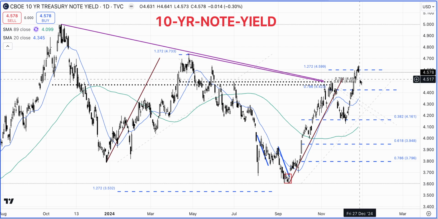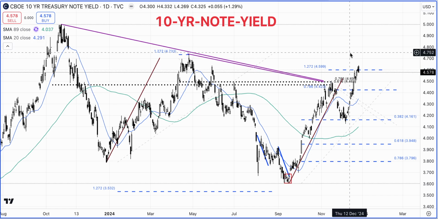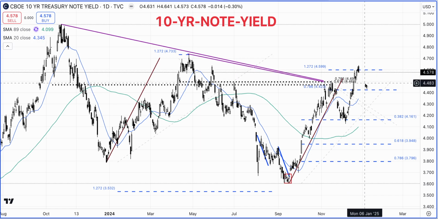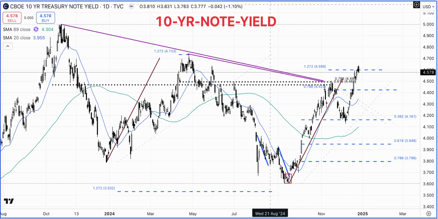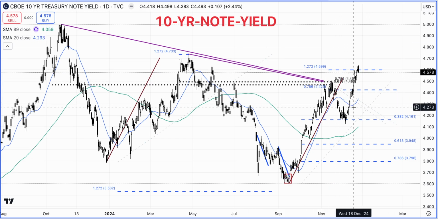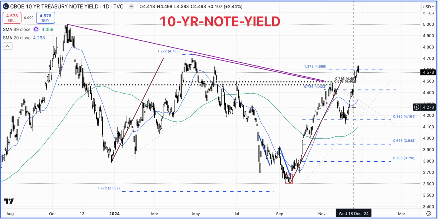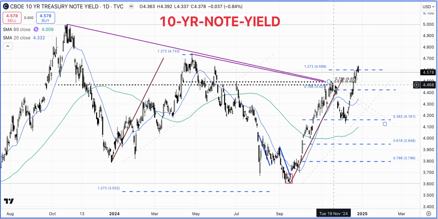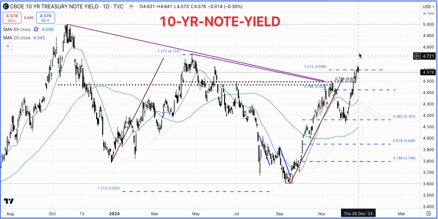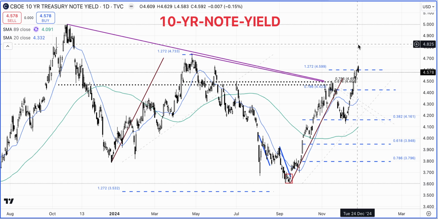Today was really interesting because the market closed negative from a key level, and the chances are we might see a further pullback, so an easing of the yields in the 10-year Treasury note. But the yields keep on rising, especially after breaking this key resistance level. The chances are this market is likely to move higher, so the rates keep moving higher.